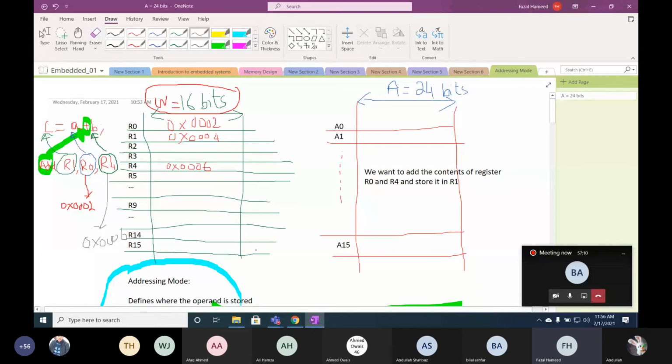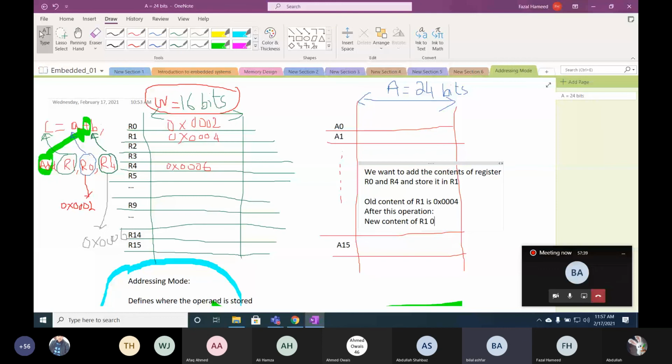What is the old content of R1? 0x0004. So after this operation, what is the new content? 0x0008.